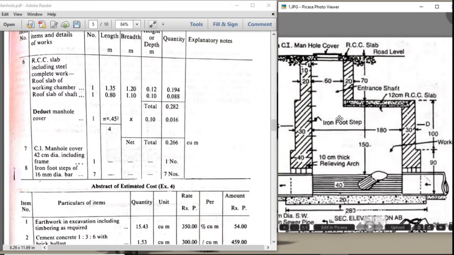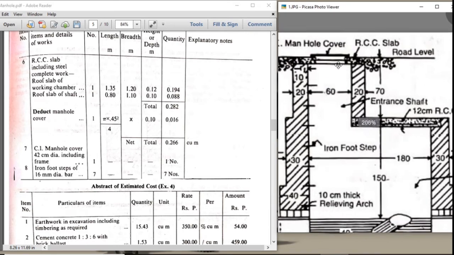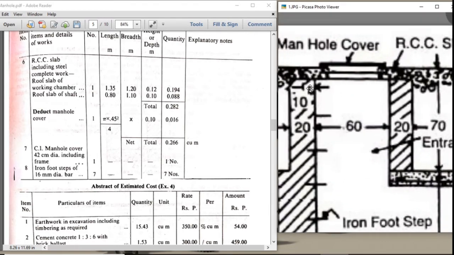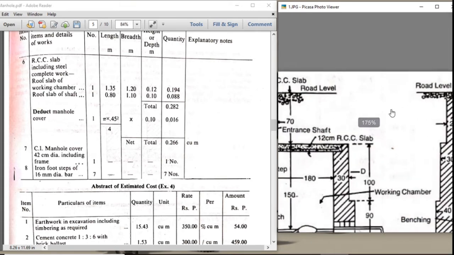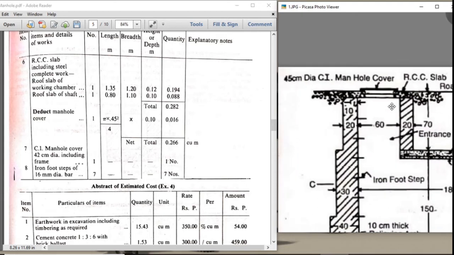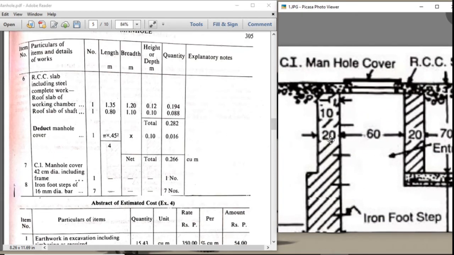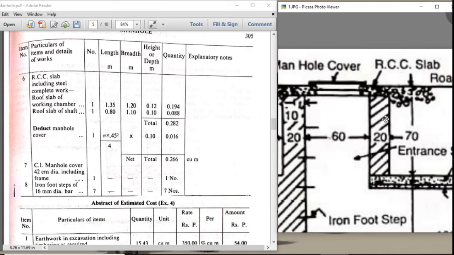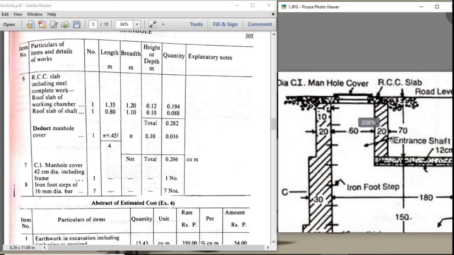Now RCC slab of shaft. So length is 0.80. So 60 plus 20 plus 20, how much will it be? RCC slab of shaft, here you see. For bearing 20, 20 by 10, here 10, here 10. So 60 plus 10 plus 10, it will be 0.80, 80 centimeter. Then breadth 90 plus 10 plus 10.